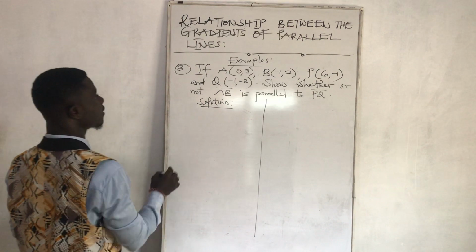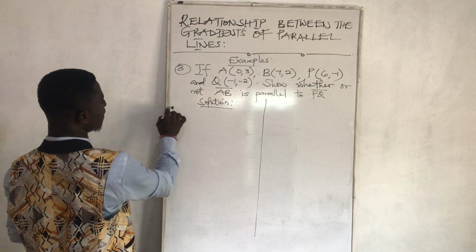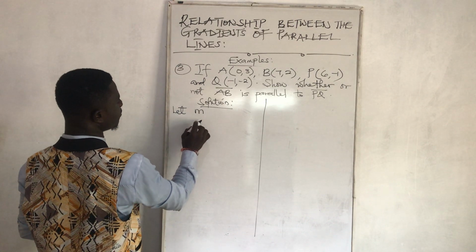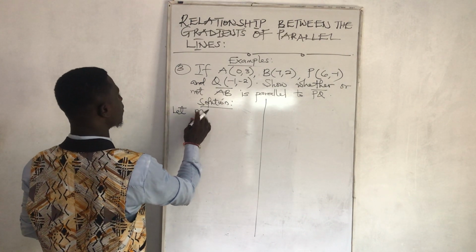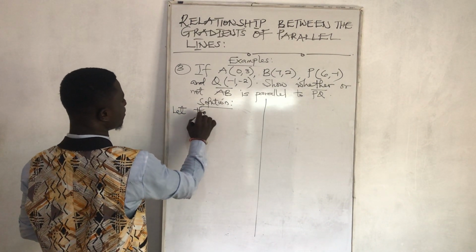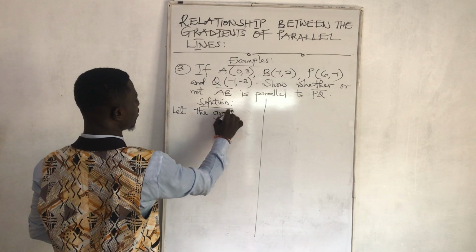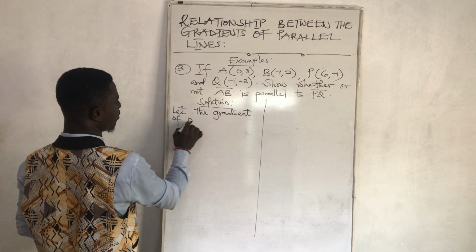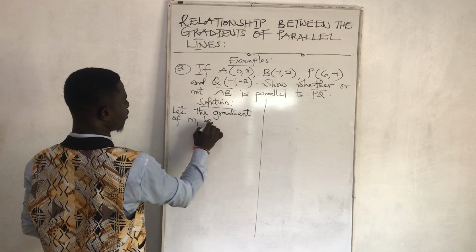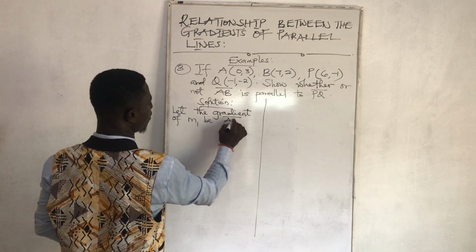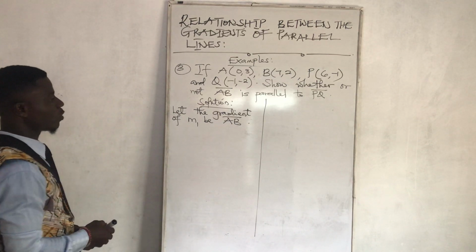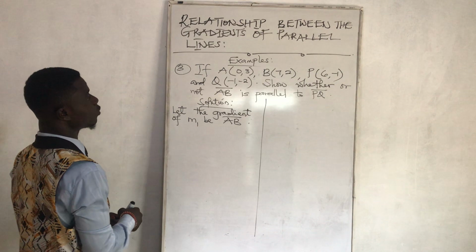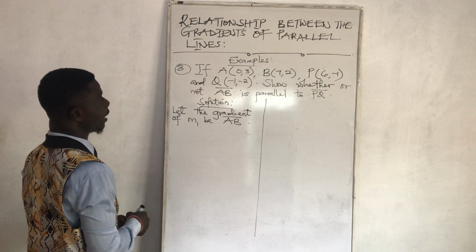So we can say that let the gradient M1 be that of line AB. So we have to find the gradient of line AB.